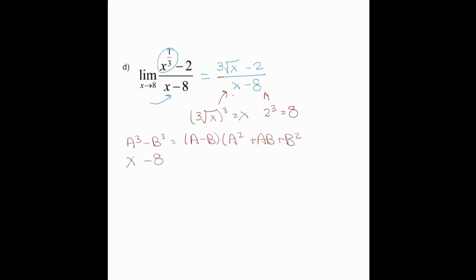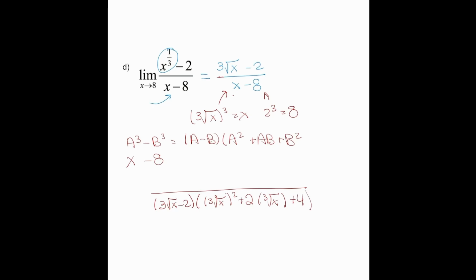Now we can try and factor at the bottom. On the bottom of this, I'm going to factor this out with the difference of cubes. So I end up with the cubed root of x minus 2, times the cubed root of x squared plus 2 times the cubed root of x plus 4.